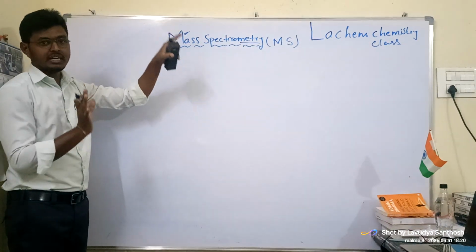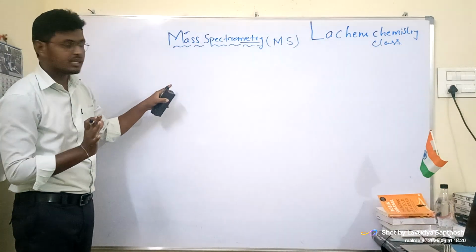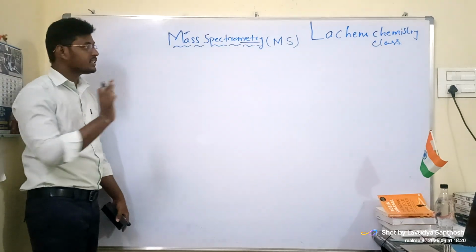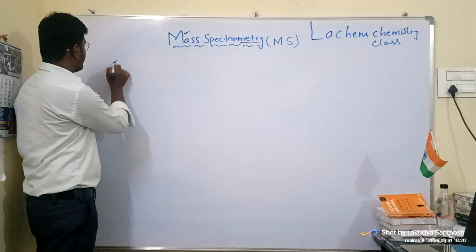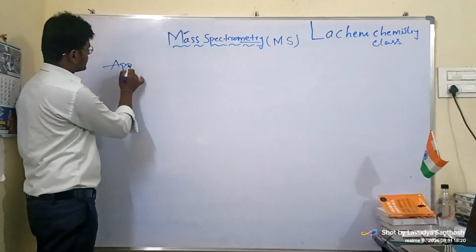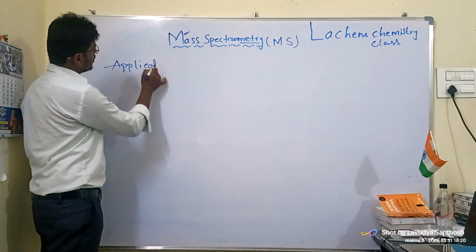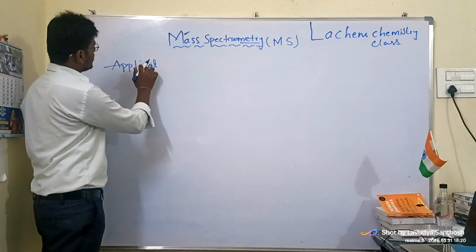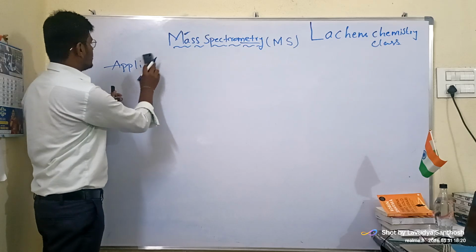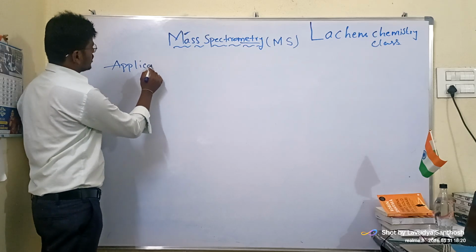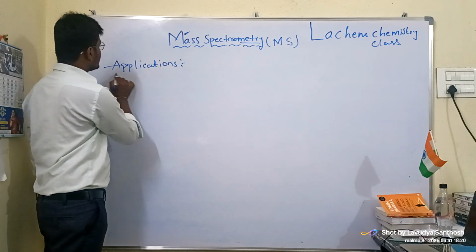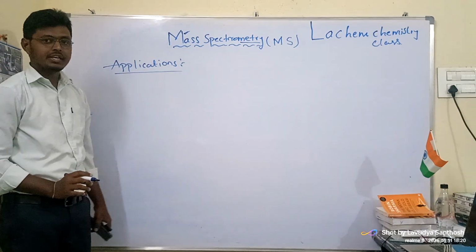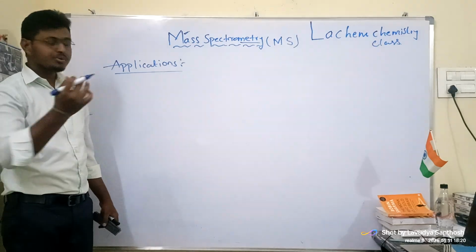Now we have seen what the instrumentation is. Now we are looking at the applications of mass spectrometry, or usability, utility, where we can use this.